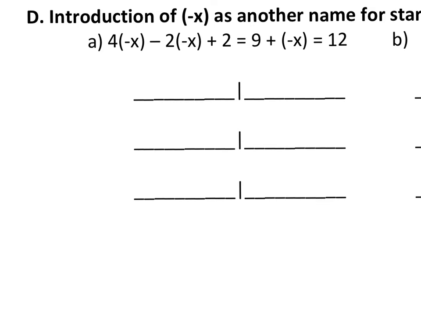And let's go ahead. 4 times negative x, or 4 of the white pawns. 1, 2, 3, 4. That's this piece. Then it's saying take 2 away. So we take 2 of them, take them away. Plus 2 is equal to 9.